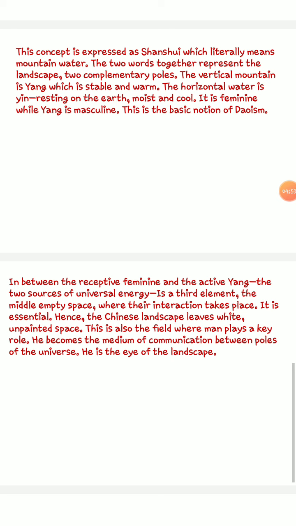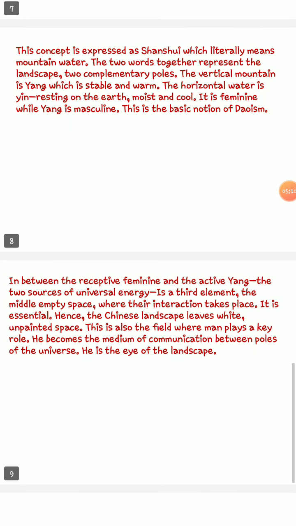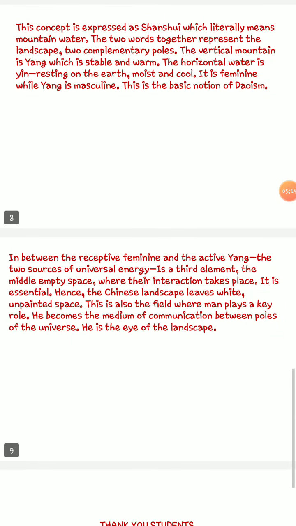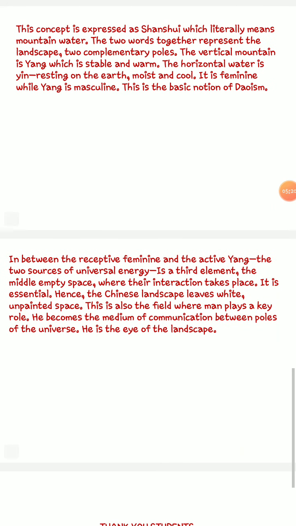And the horizontal one is yin, that is the earth, that is moist and cool, and it is feminine, whereas yang is masculine. This refers to the basic concept of dualism. Now, in between the receptive feminine and the active yang, the two sources of universal energy, there is a third element also. In your book, it is written as the essential third element.